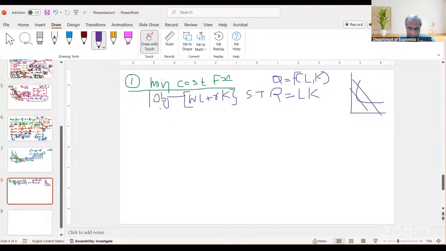Now here with the constraint, like we did before, we can't do the optimization unless we write a single equation, what we call the Lagrangian equation. We did this before. Without explaining, I write the Lagrangian equation here.